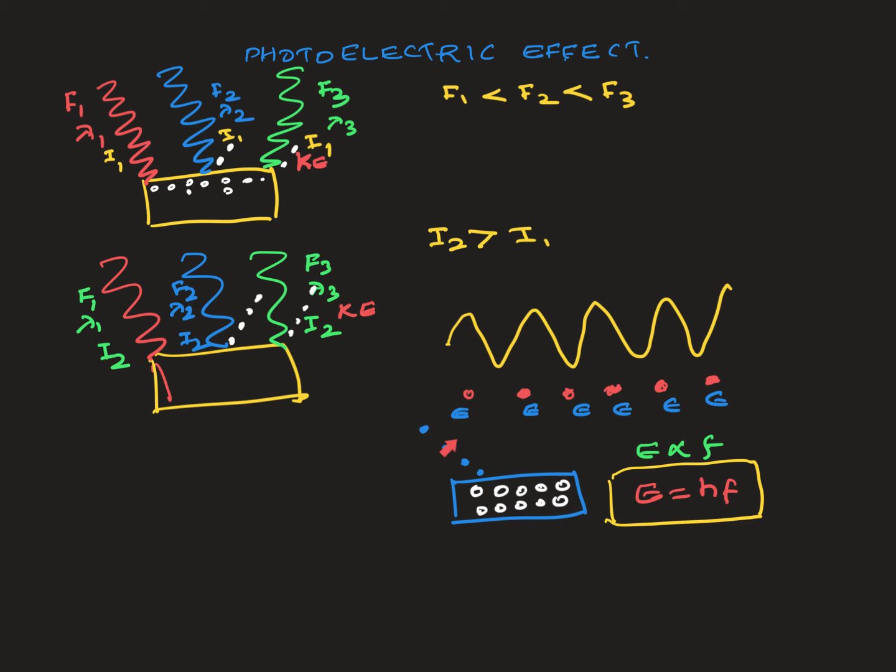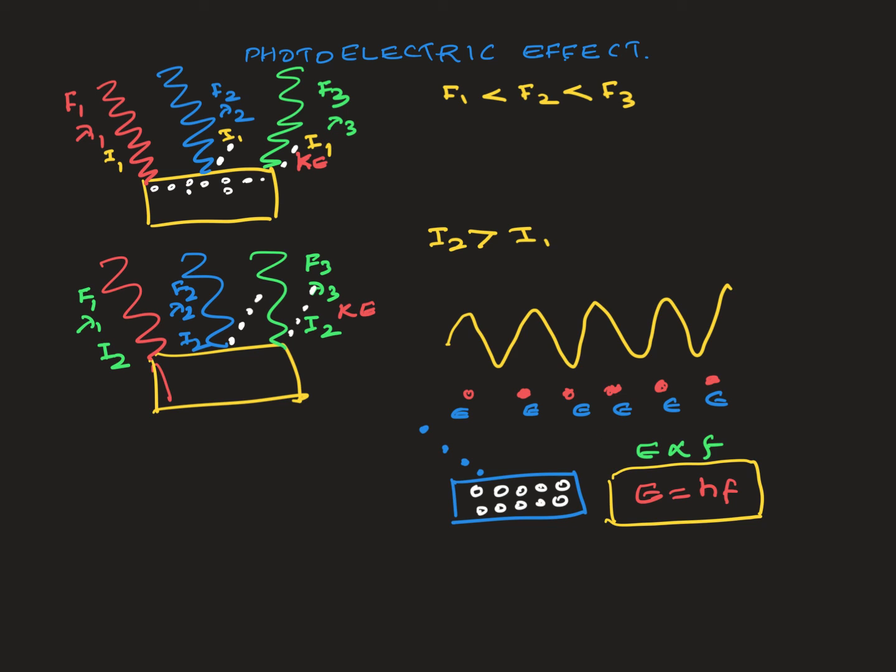So if the photons have less energy, that means less frequency, the photons would say that's not enough for me to get out. And if the photons have a higher frequency, that means more energy, so the electrons will absorb that photon and get out. And if the frequency goes higher and higher, they will get out with really big kinetic energy.